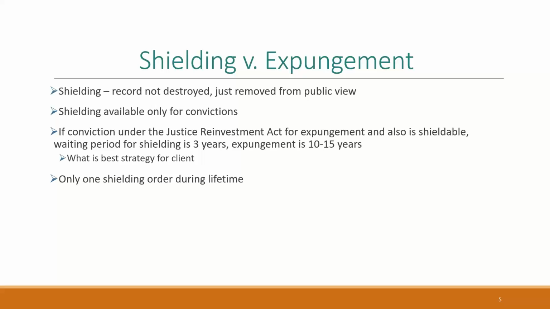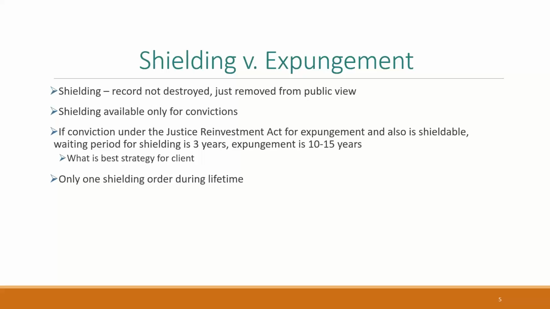In terms of the actual procedure of shielding versus expungement, shielding, like I said, the record really more or less still exists as it did prior to shielding. It's just that it cannot be seen by anyone without special permission from the court. Expungement is technically supposed to be the complete removal or destruction of a case.